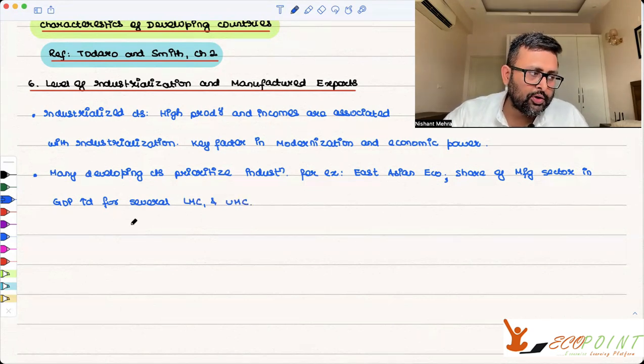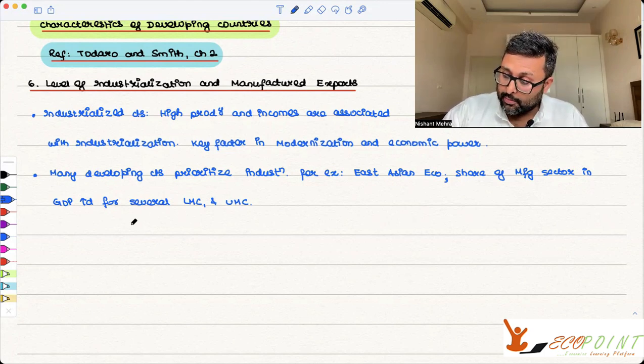What also happened is that their manufacturing is concentrated mainly in low skill products and lower wage activities. So the manufacturing in the lower middle income and upper middle income countries is going to be different compared to the developed countries.